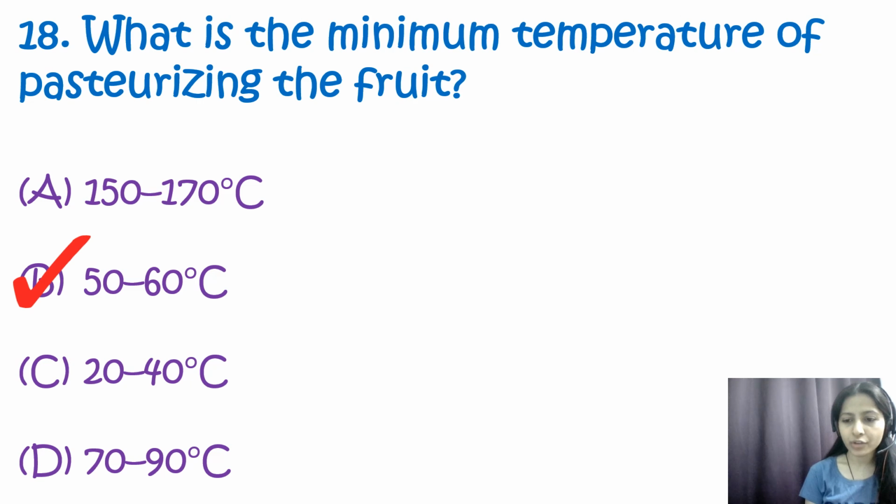But you should note that the exact temperature and time vary depending on the specific process or the type of fruit juice being pasteurized. So over here the best answer is 50 to 60 degrees Celsius.